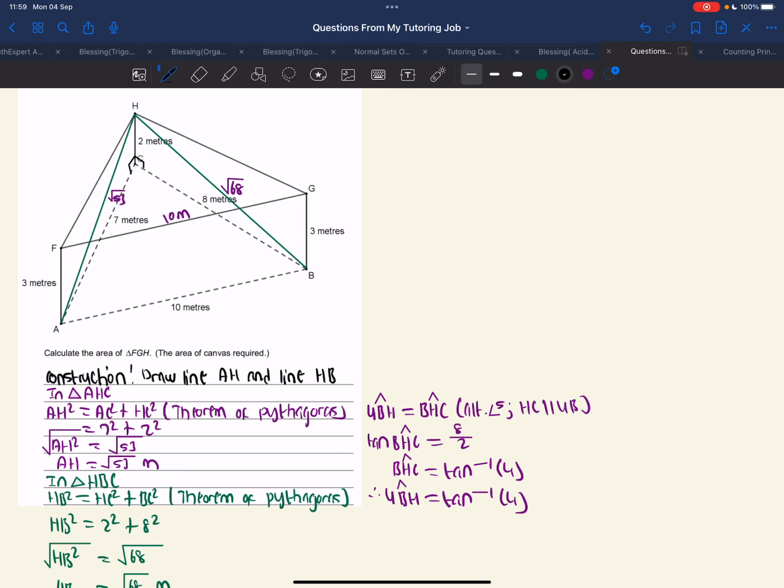So I can put that over here: that is just tan inverse of 4.